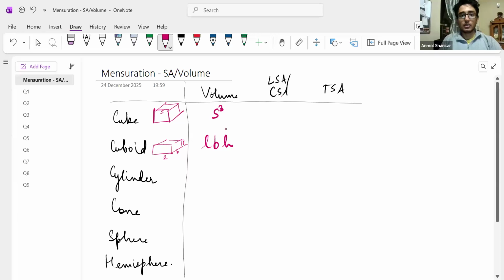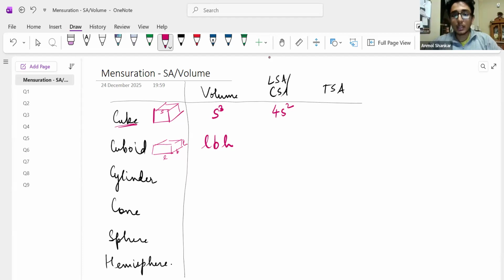So in the cube case we will be looking at only 4 of the sides. A cube has 6 faces, 1 2 3 4 5 6, and the 5th and 6th we will not count in lateral surface area. So for lateral surface area we get 4s square, and for total 6s square, because all 6 faces we count.